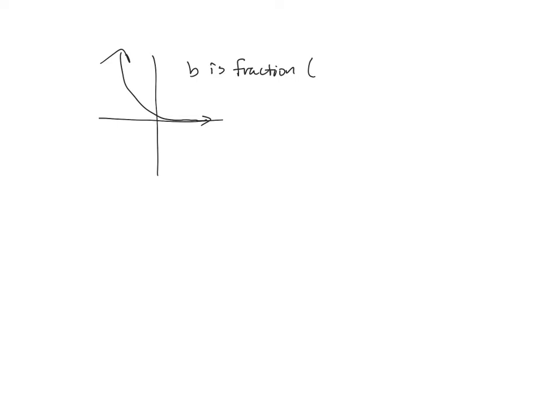Now it says between 0 and 1. So technically you could have like 5 over 2 is a fraction, but it's not between 0 and 1. Okay, so b is a fraction, and then a is positive because it goes up.